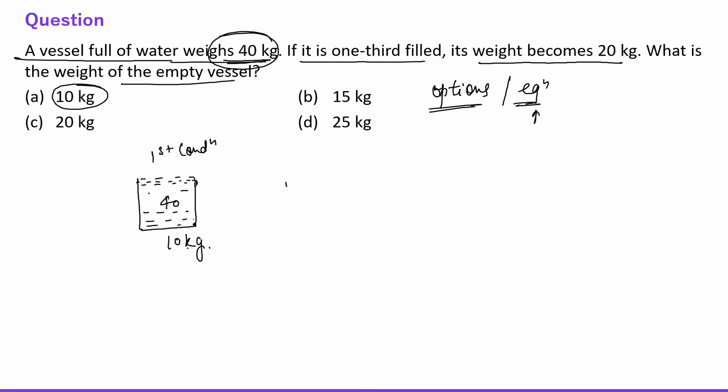So 10 kg is the weight of the vessel and total weight is 40 kg. So the weight of water only is 30 kg, because the complete vessel with water is 40 kg, where 10 kg is the weight of the vessel only.